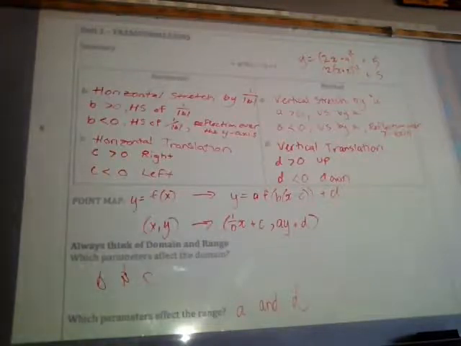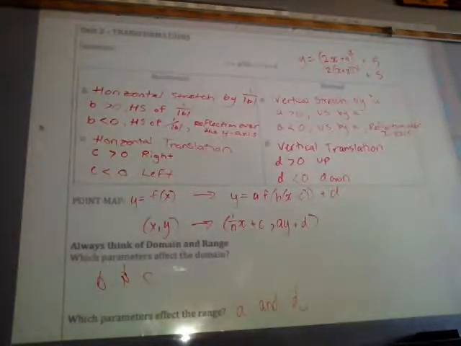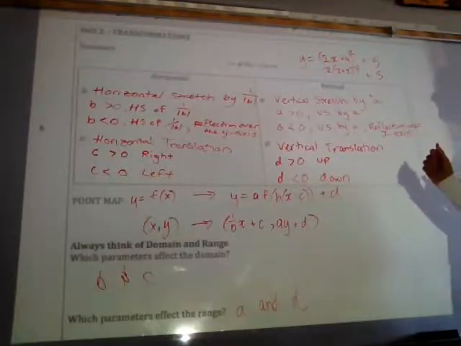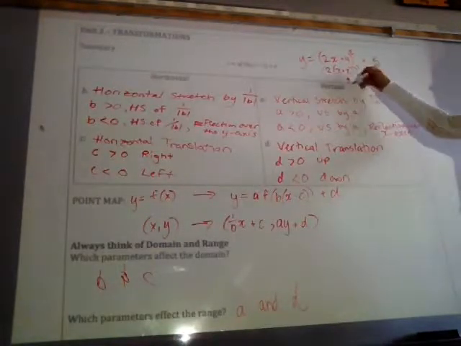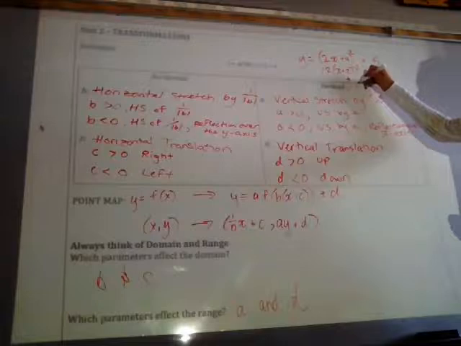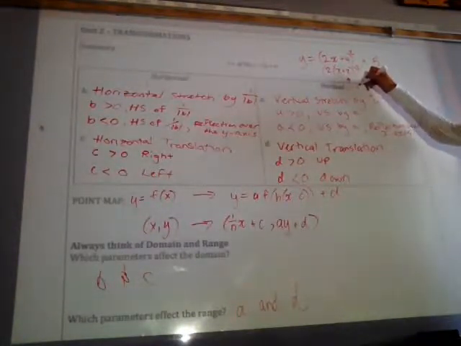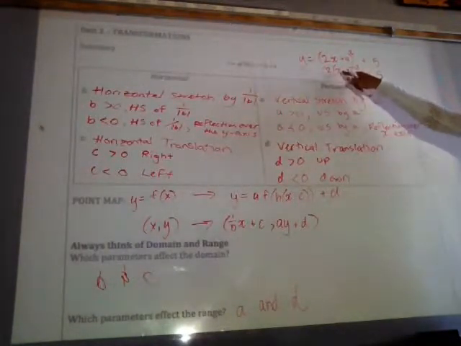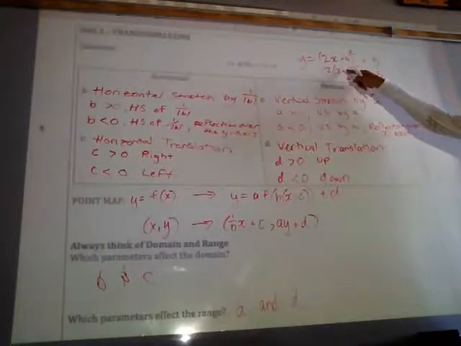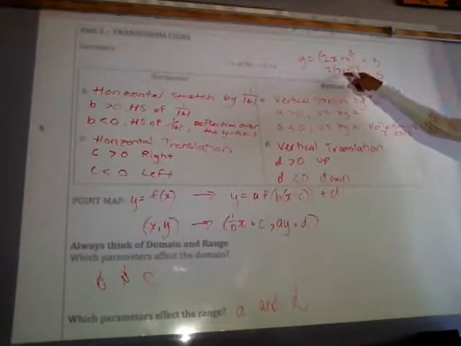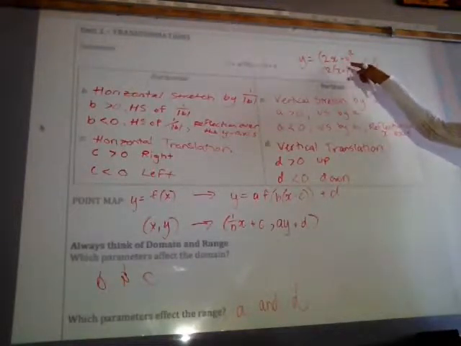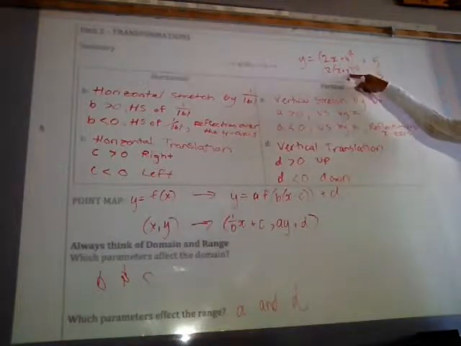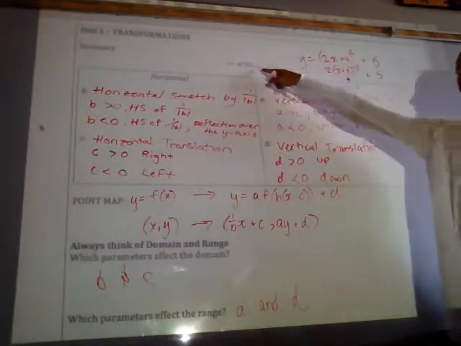Question? I thought if c is negative, you go to the right. If c is negative, then we move to the left. Here, c is equal to negative 2, so we move to the left. But in the equation, it looks positive, right? We have x plus 2. This means move left. In the equation, if it says x plus something, we're moving left. But the actual c value was a negative 2 because of the notation.